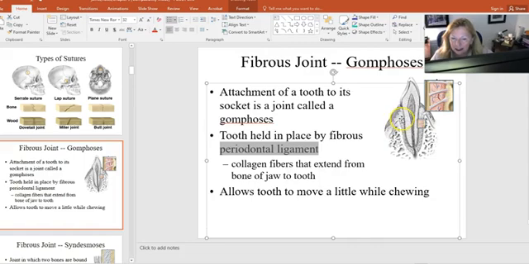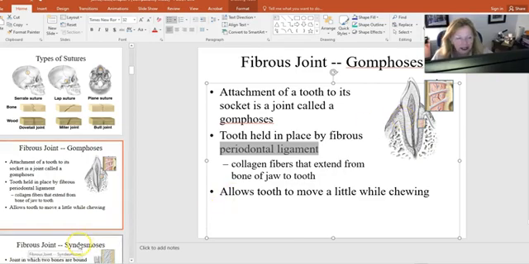But if this gets broken and broken and broken, then the bone loss starts to happen because there's no pressure on it. So the bone starts to actually sort of dissolve away. And then the tooth gets loosened and there's no holding it in place anymore.